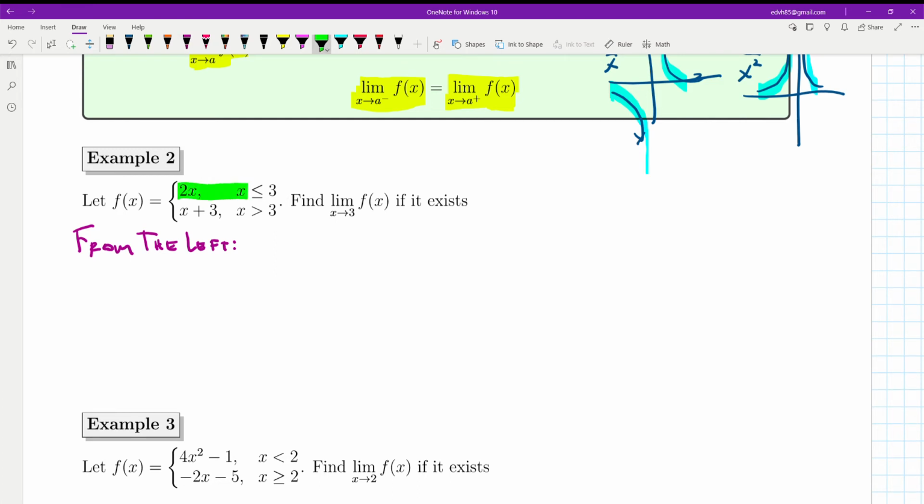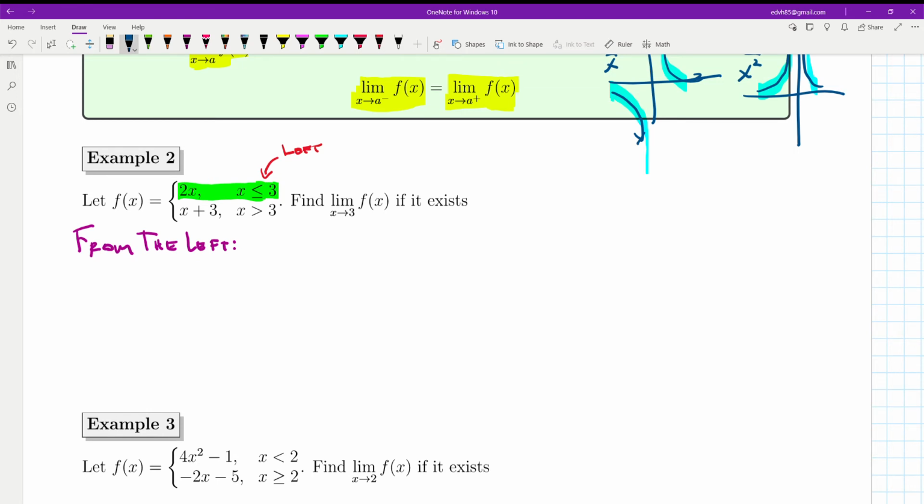Notice this piecewise function is defined with two different pieces, and the reference value is x equals 3. The piece for x less than or equal to 3, which I highlighted in green, is from the left. You can just write left. Otherwise, we're going to look at the right afterwards.